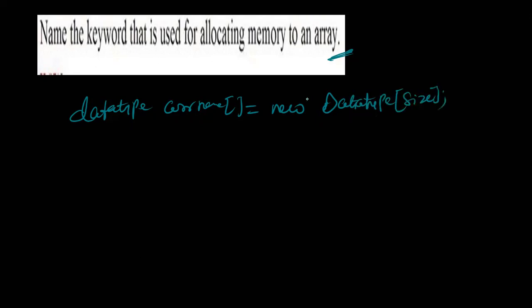What is the keyword here? This is the keyword. New is actually an operator. So new is a keyword. It is allocating memory to an array. These are very simple questions.